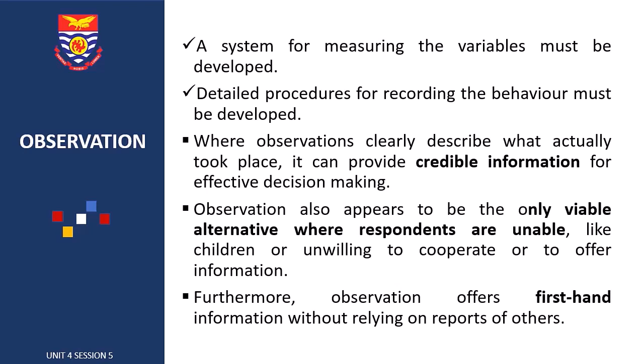That is the only way you can get your information from them, by observing their patterns and behaviors. Also, observation offers first-hand information without relying on reports of others. This is something you are experiencing, you are seeing for yourself, and so that's first-hand information. And that is one advantage of using the observation instrument.